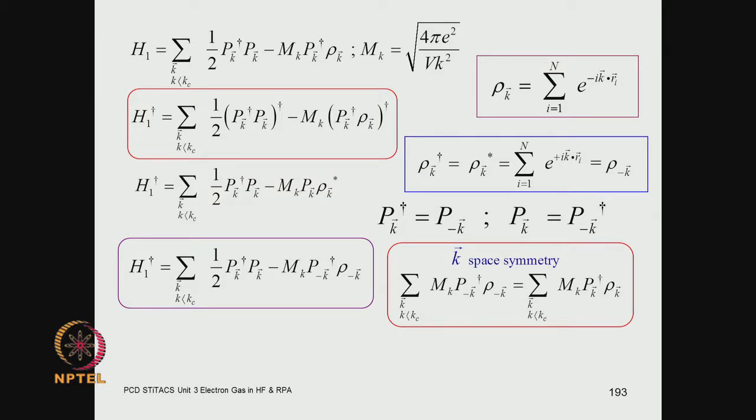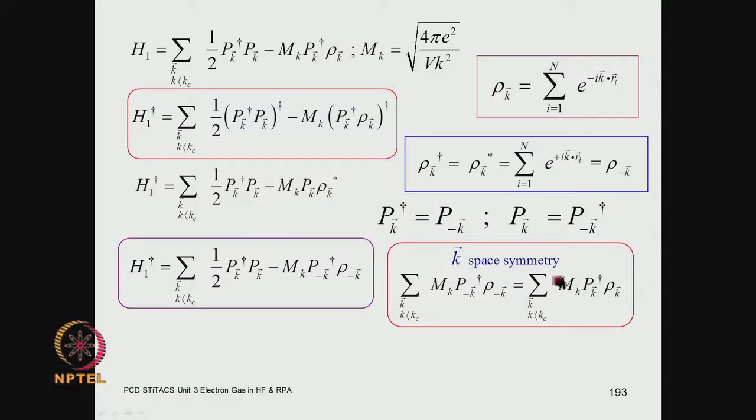In other words, when you add up all the terms, it does not matter whether you are adding over plus k or you are adding over minus k. So, that summation is completely the same, it gives you essentially the same result. So, this is because of the symmetry in the momentum space.